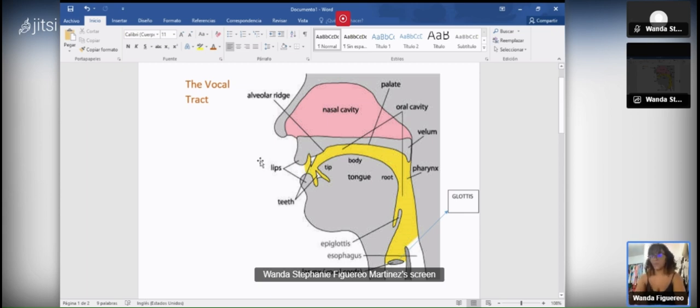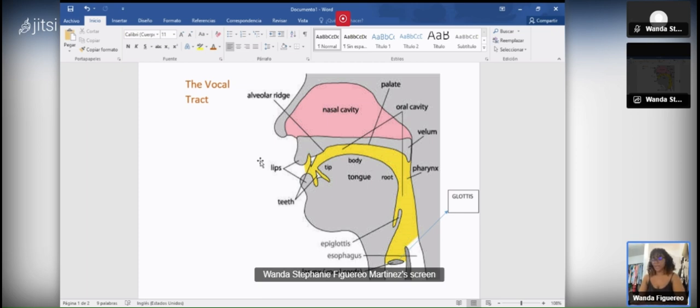Then we have the lips, both lips, that can be spread, rounded, or neutral. What matters in speech articulation is whether the lips are rounded or unrounded. Vowels can be distinguished on the basis of lip rounding.